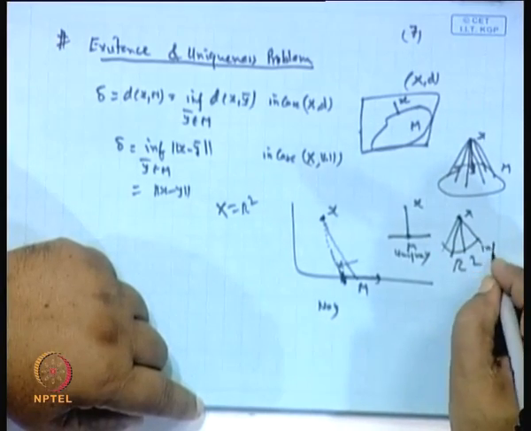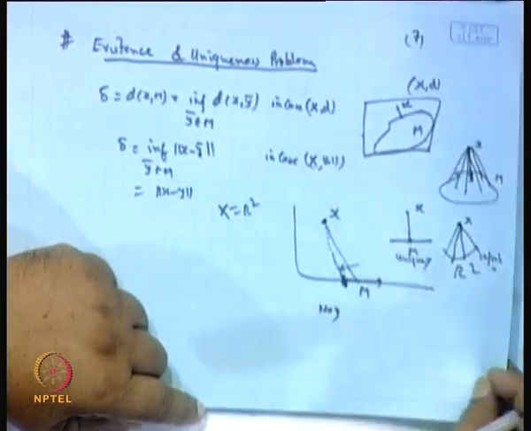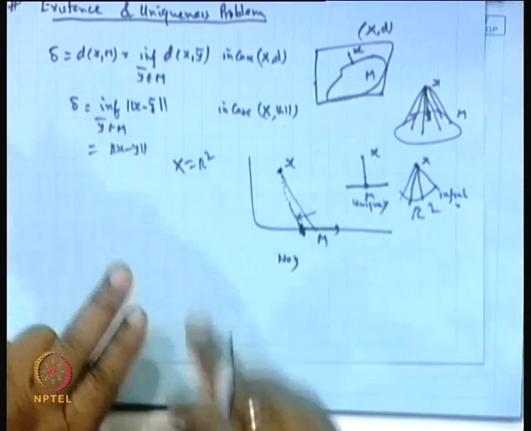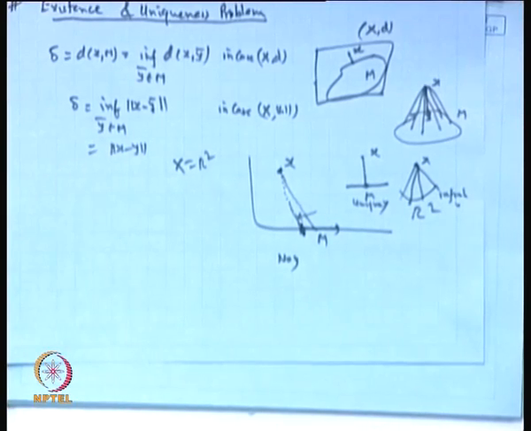So, infinite y. In fact, what we see here is that in case of a metric space, the situation depends on where the point is located and what the set M is, clear? We cannot give a guarantee that the infimum will always exist. Even if it exists, it may not be guaranteed whether it is unique.